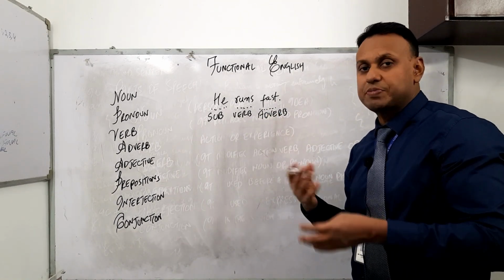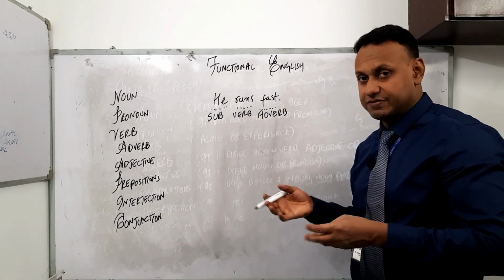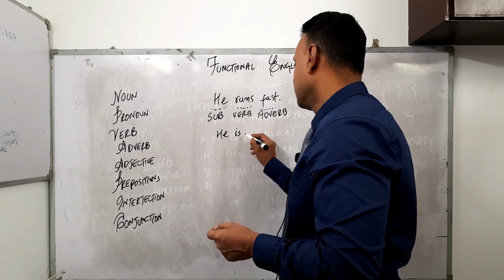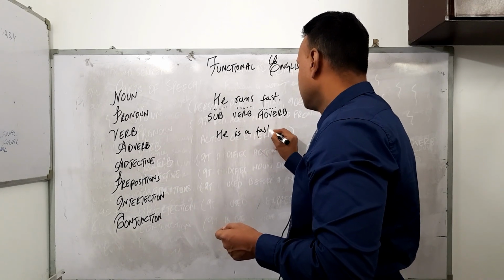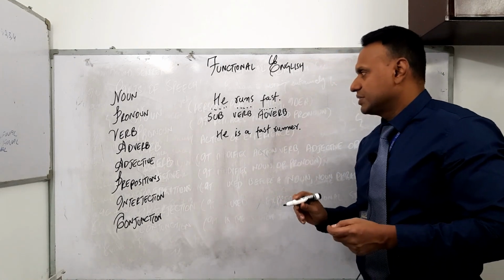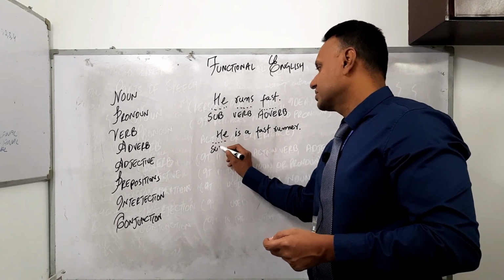But if I was to paraphrase the sentence and write it differently and see if it can become an adjective, let's have a look. He is a fast runner. Now in this sentence, this is the subject.